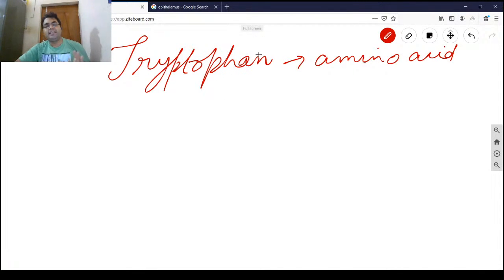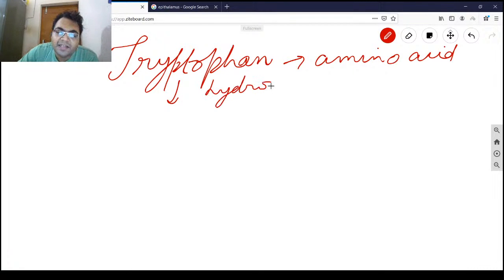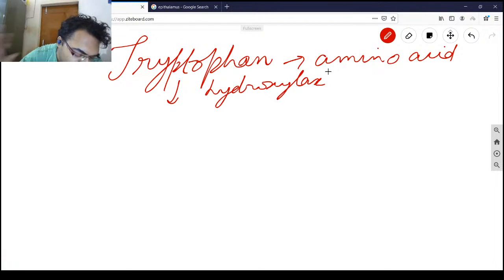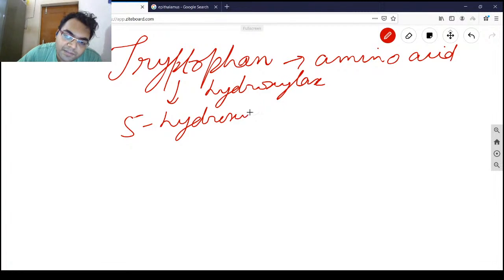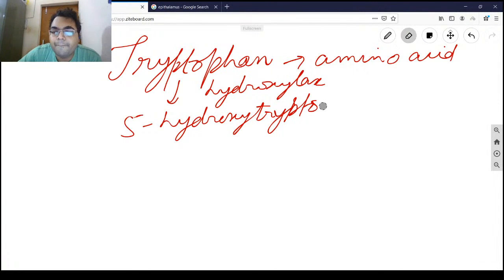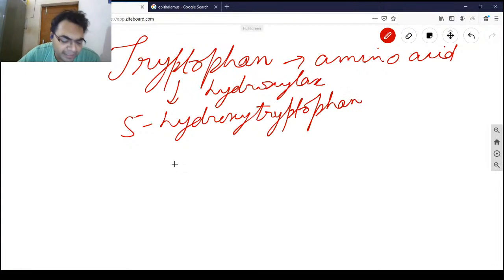In biochemistry, I'll draw the biochemical reaction. It depends upon you if you want to know it or not, but I'll draw it for your reference. First is the hydroxylation reaction, with hydroxylase. What you get is 5-hydroxytryptophan.